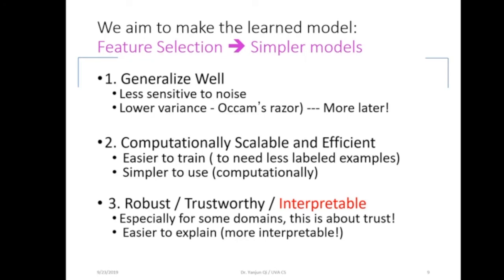Also, computational scalability and efficiency, we emphasized many times before. Of course, it's a smaller matrix, so it's more efficient in terms of memory cost or space cost. And when you go from P to a smaller P prime, of course the computation and timing cost also get smaller.